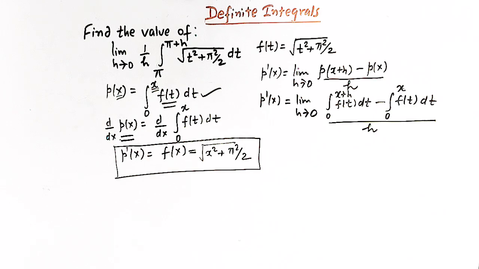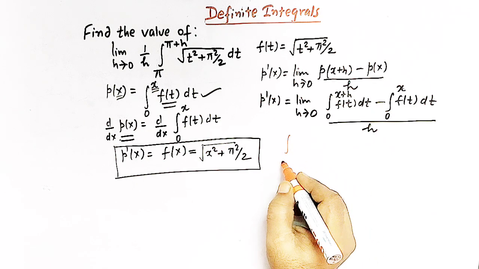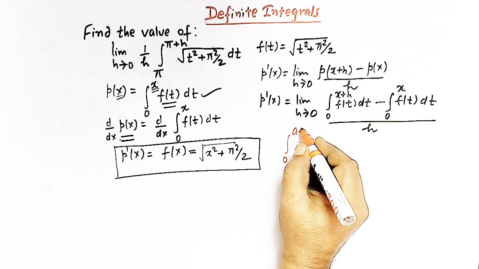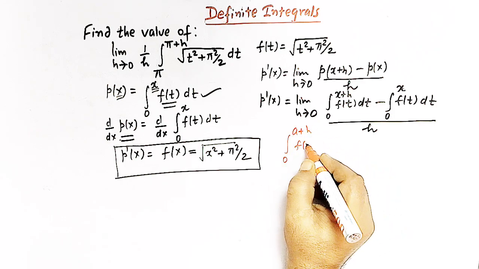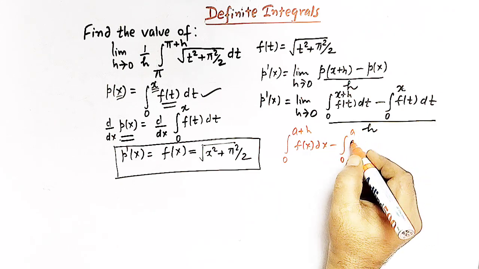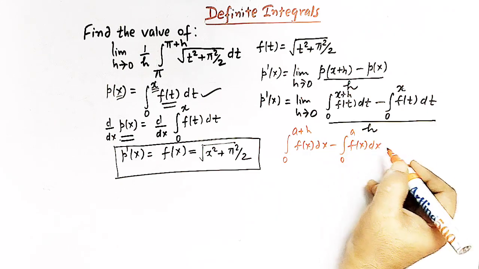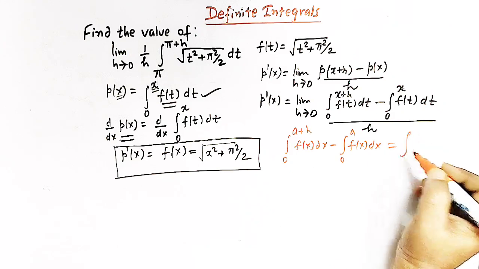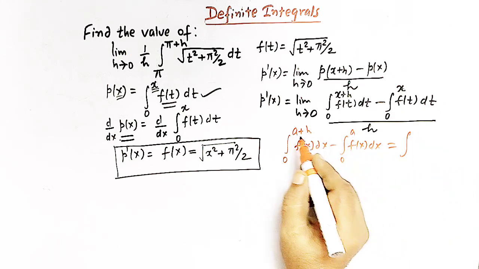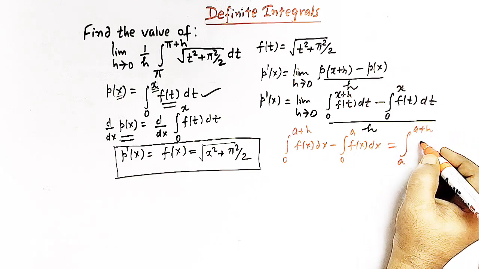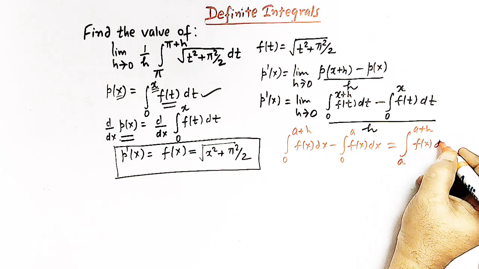Now from the properties of definite integrals, if we have the integral from 0 to a plus h of f of x dx minus the integral from 0 to a of f of x dx, then the value of this expression is given by the integral from a to a plus h of f of x dx.